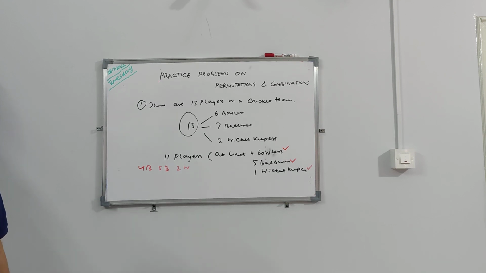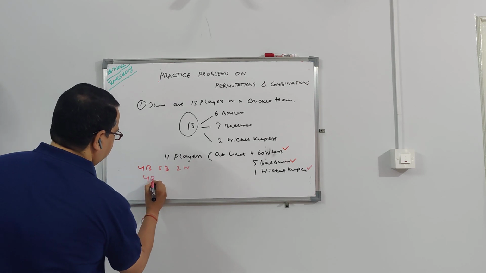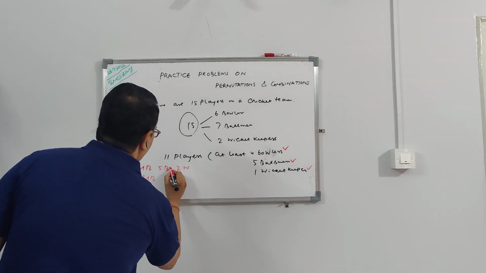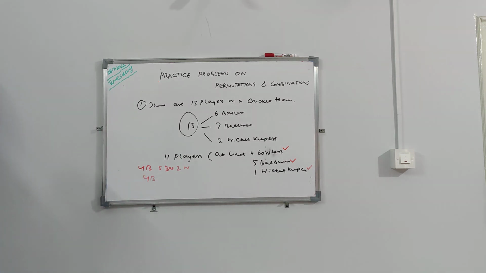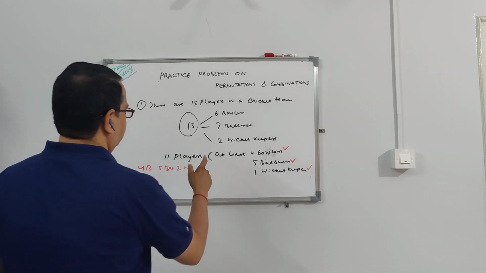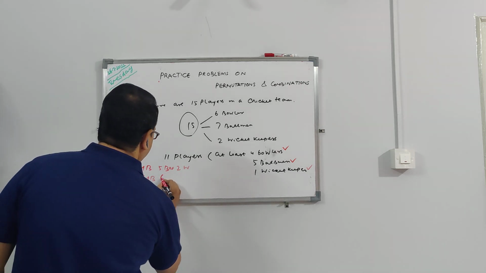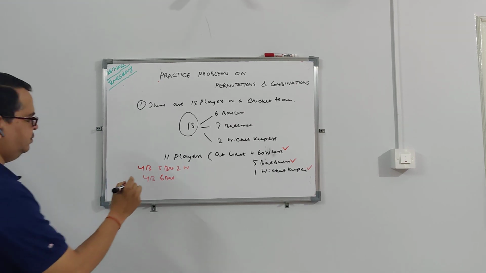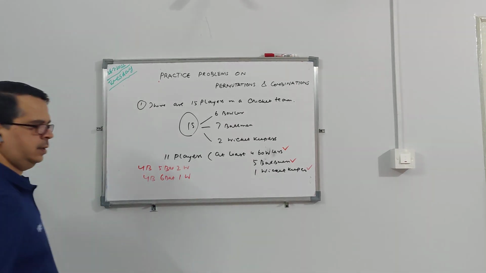Then there will be another way. You will have 4 bowlers and 6 batsmen, which means you will have only 1 wicket keeper.